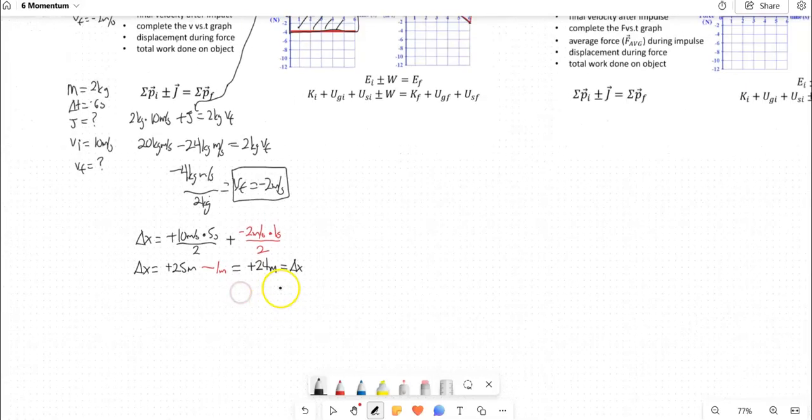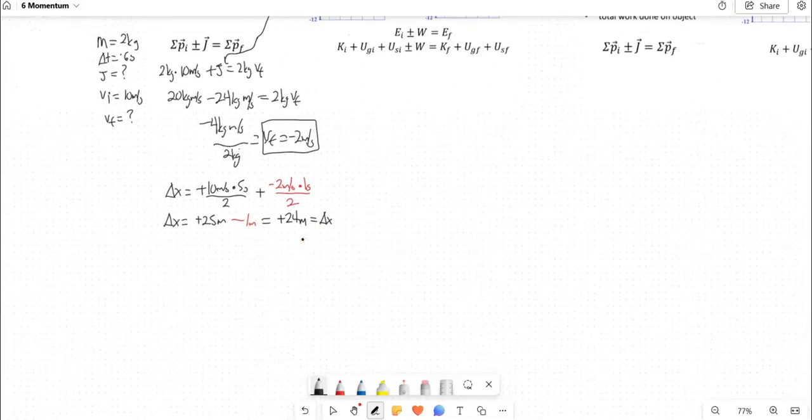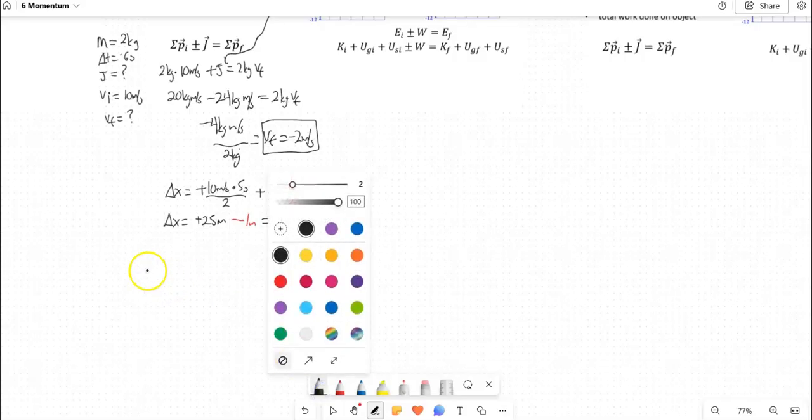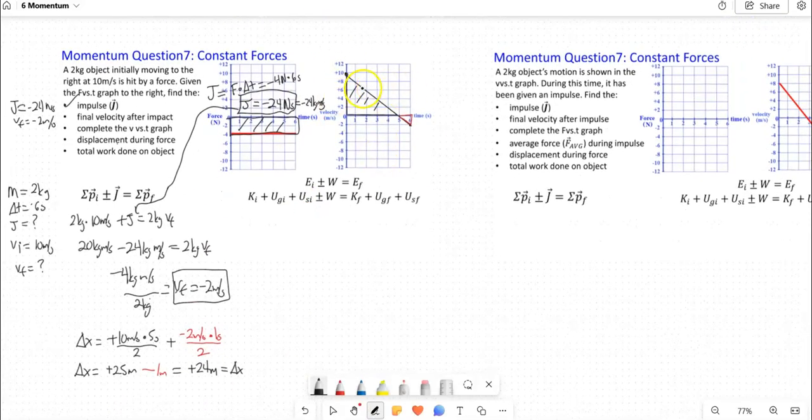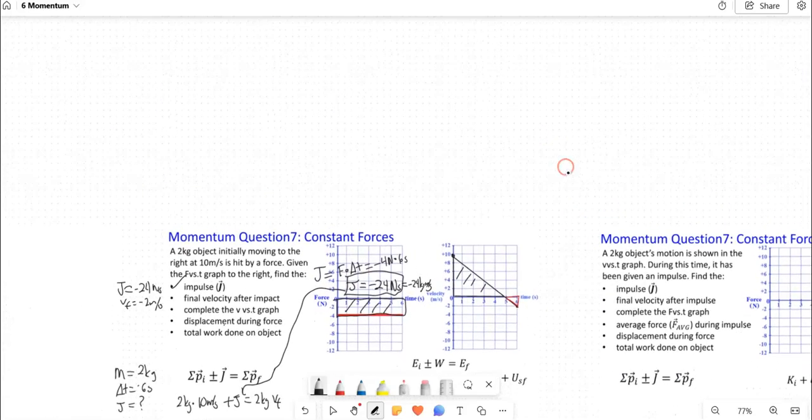All right. So another way you could have done it is to use this change in velocity right here. This is creating an equation for this. Okay, so for my 121 students, we're going to do this above the line.